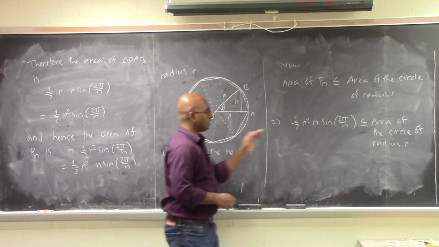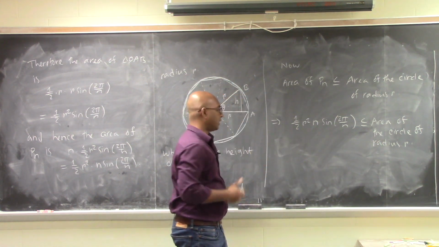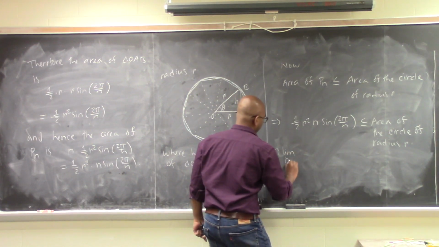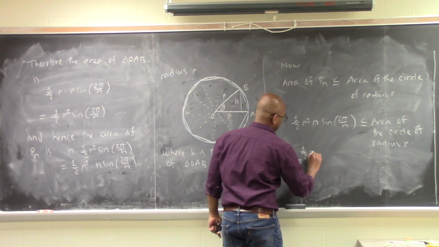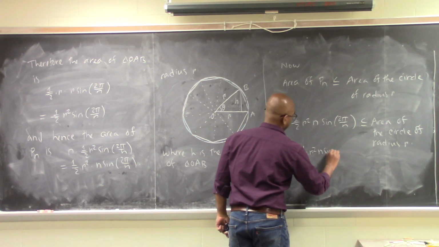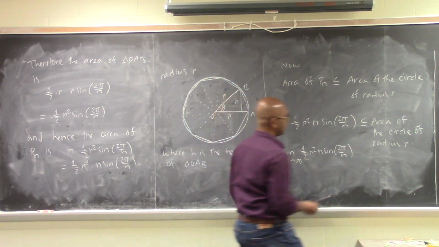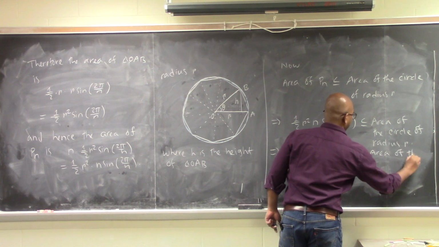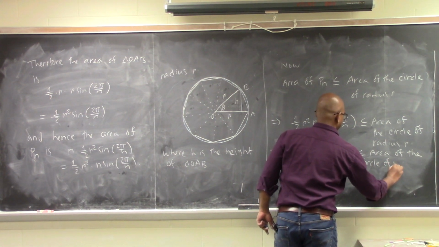Since this function is less than or equal to that, by the limit property we can get therefore the limit of 1/2 r squared n sine 2 pi over n as n approaches infinity is less than or equal to the area of the circle of radius r.